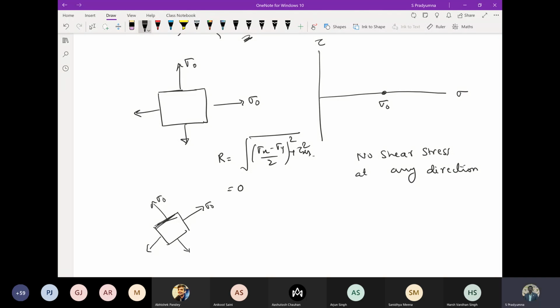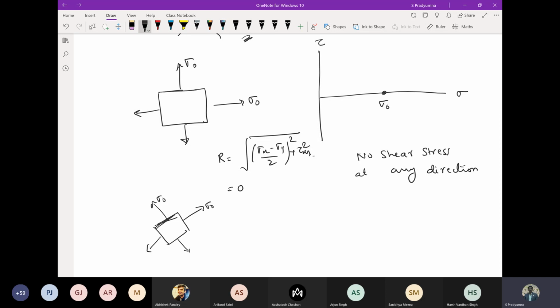Every direction is shear stress free. If these two biaxial components of tension, or the normal stresses, are the same, then we can easily say that all directions are free from shear stress.